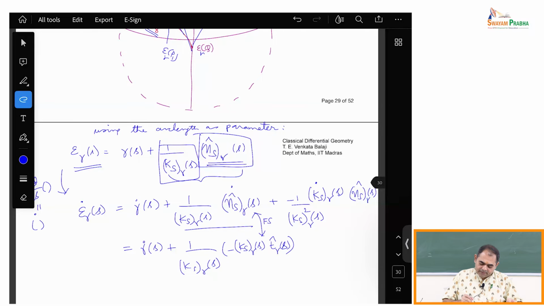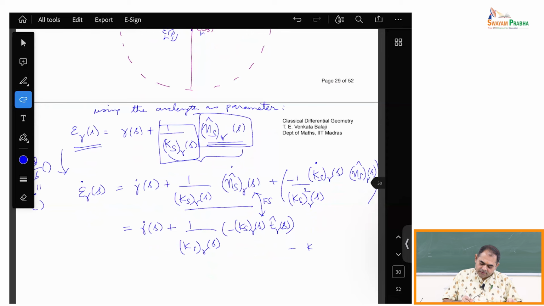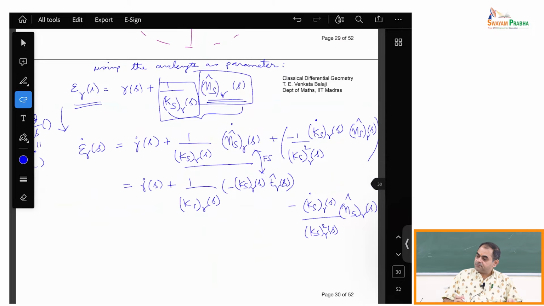And then I will be left with the remaining term: minus ks sub gamma dot of s by ks sub gamma squared of s into ns cap sub gamma of s.